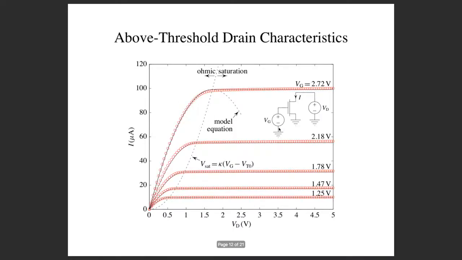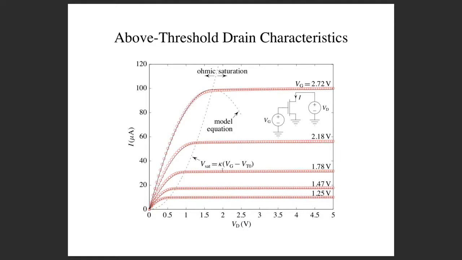So if we look at drain characteristics, what we see is something qualitatively similar to what we saw in weak inversion, where at low drain to source voltages we have this sort of Ohm's law-like characteristic where the current is increasing in proportion to the drain to source voltage.